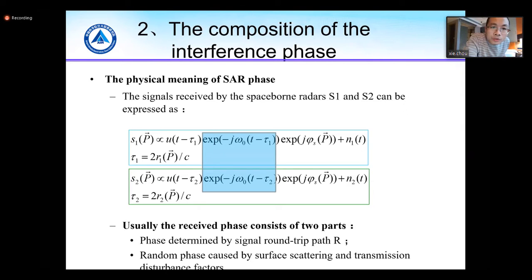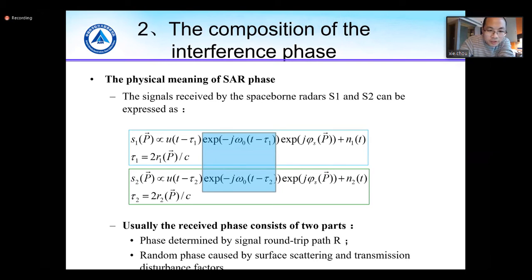Now I would like to show you the physical meaning of the interferogram. The signals received by the spaceborne radar, S1 and S2, can be expressed as the following formulas. S1 and S2 usually receive the phase contributions in two parts.